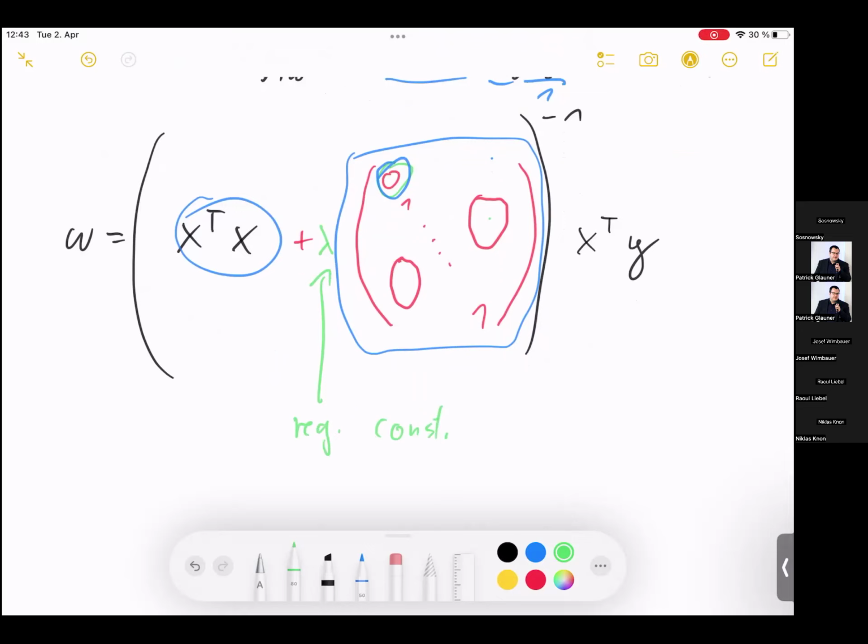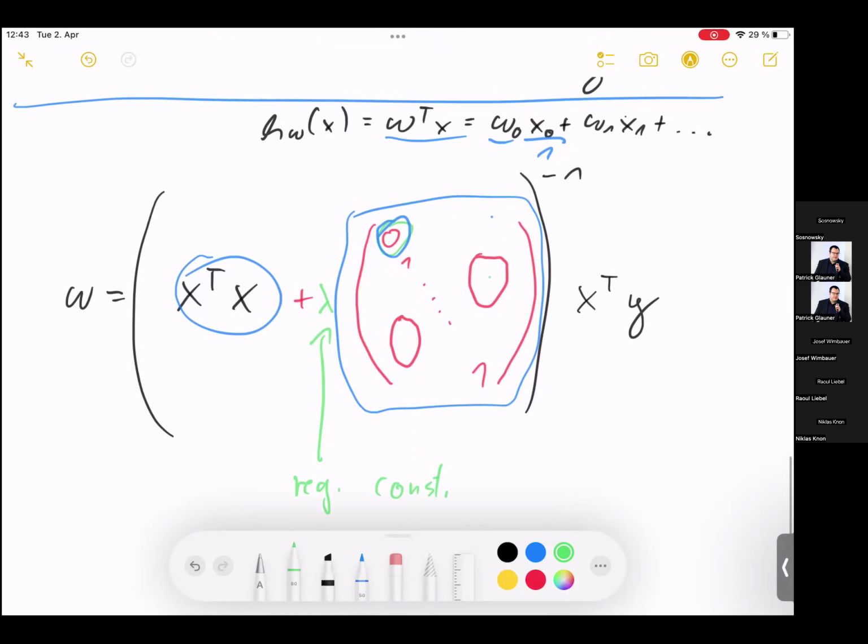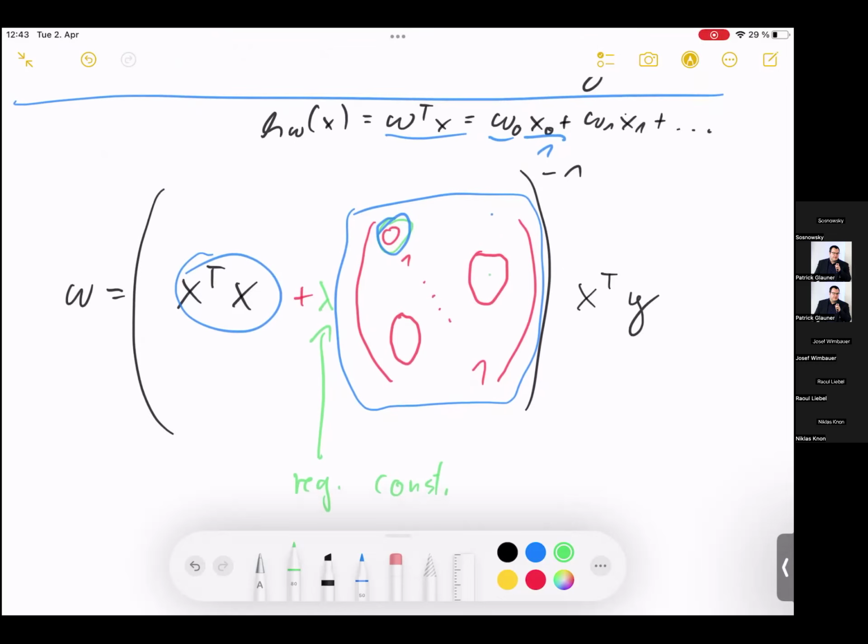And this one, depending again on my specific problem, probably has somewhat large or probably somewhat small values. And then I don't interfere too much, because obviously I'm adding some noise on top. So it will impact my results, but it will make this matrix invertible. There are all sorts of other regularization techniques.